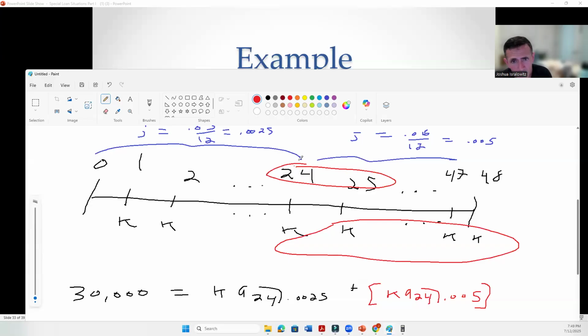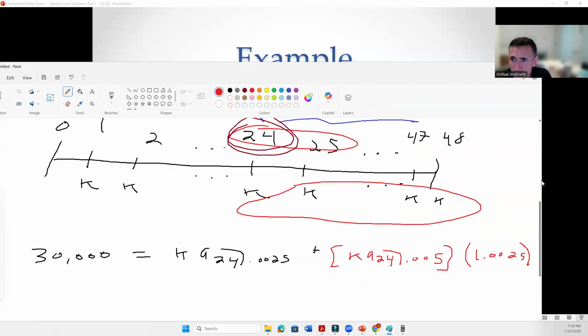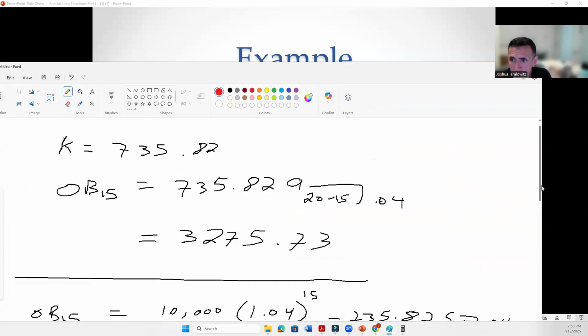So the present value formula gives me the present value at t equals 24. Then we have to discount by 24 periods with this interest rate, 0.25% per month. So this is times 1.0025 to the minus 24.